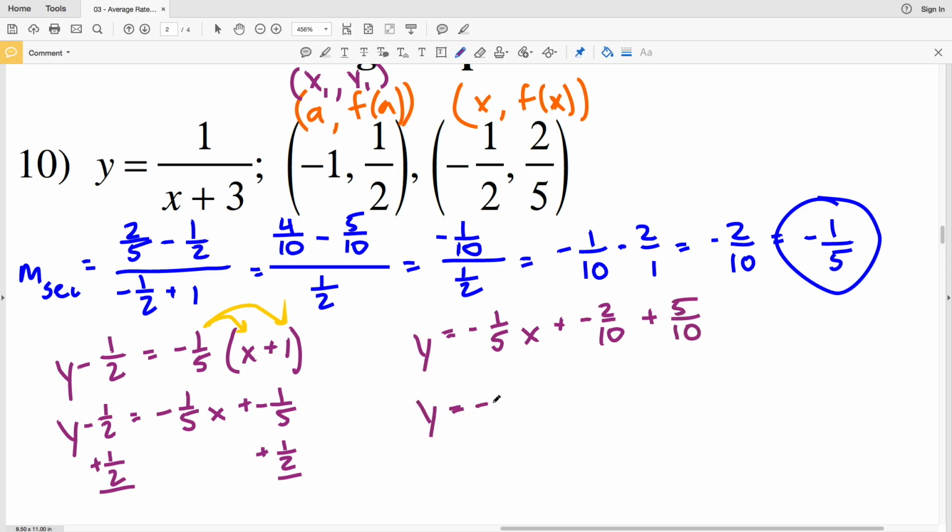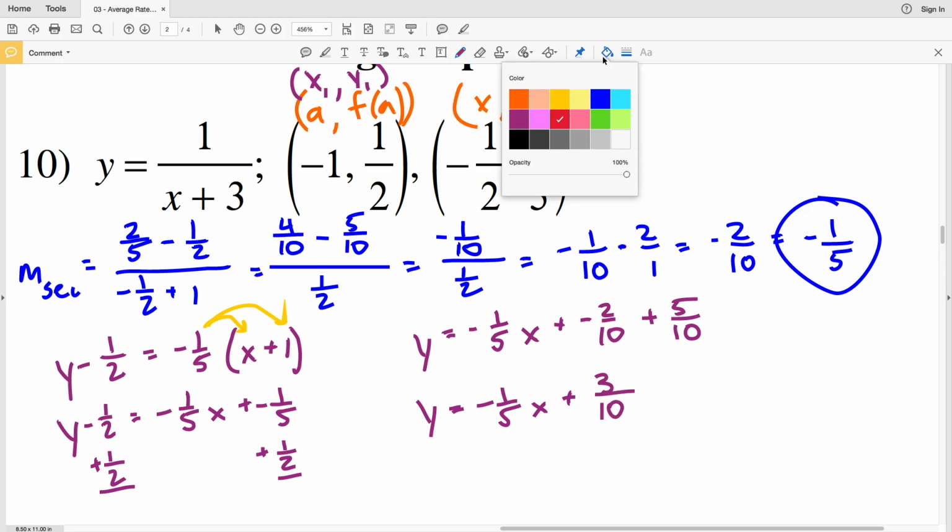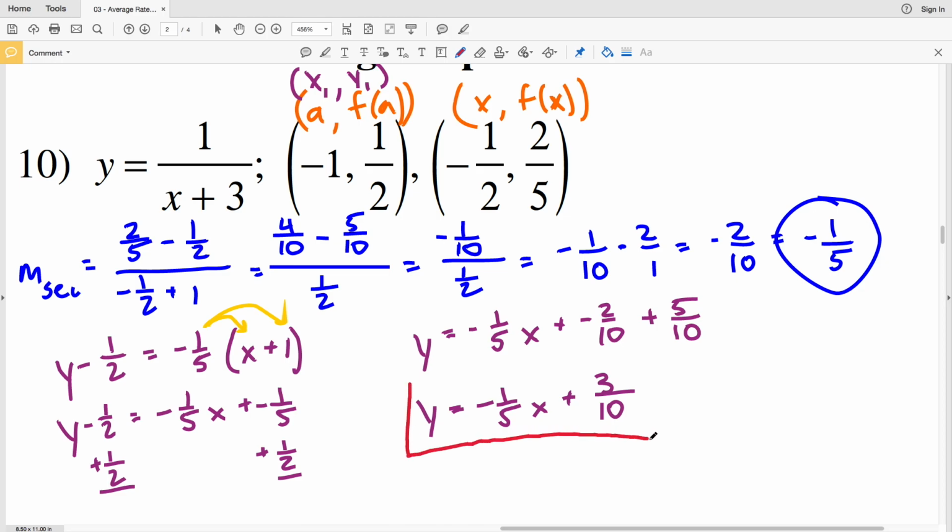So y will equal negative 1/5 x plus negative 2 plus 5 is a positive 3, so 3/10. The equation of my secant line in number 10 is y equals negative 1/5 x plus 3/10.